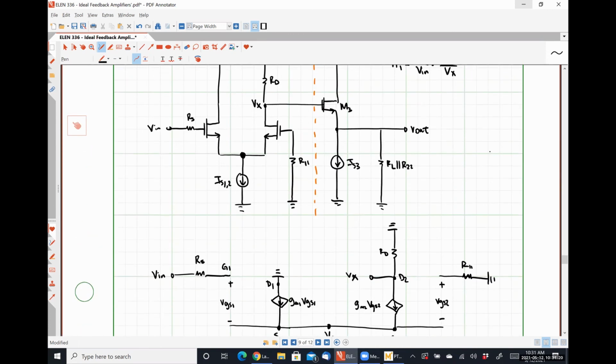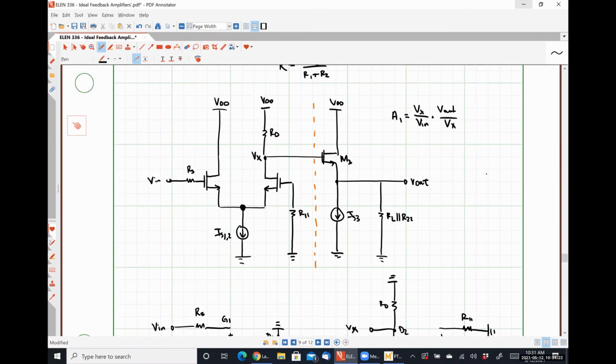Now let's look at our second stage. This is something that I hope we can recognize, okay? Small signal, our current source IS3 looks like an open circuit. So to me, this is a source follower with some sort of loading resistance, right? Which is exactly what it's supposed to be.